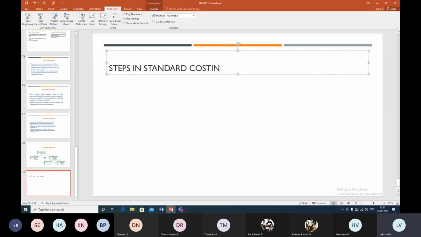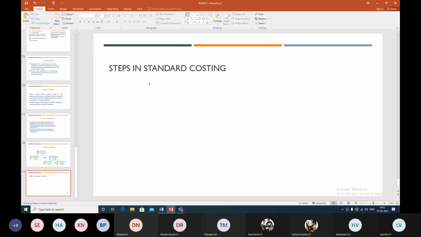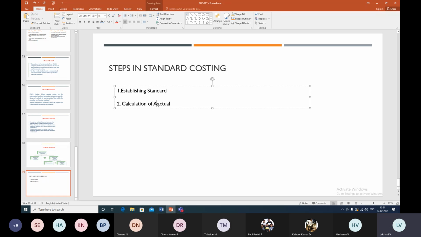Steps in standard costing. Okay, the first step will be establishing the standard. You have to establish a standard for yourself, and then you have to calculate or measure what is exactly happening.